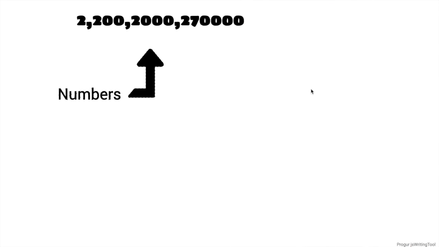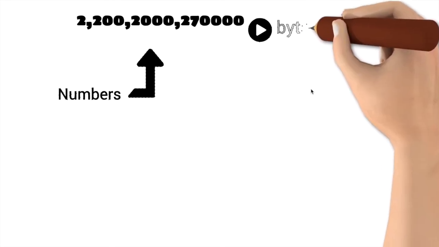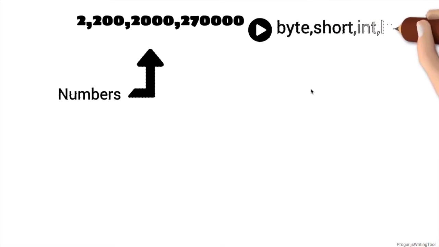And we also have discussed that to store these numbers, we have different data types like byte, short, int and long. But guys, if you look closely, you can find that these numbers are not coming with a decimal point. So these are numbers without any decimal point.